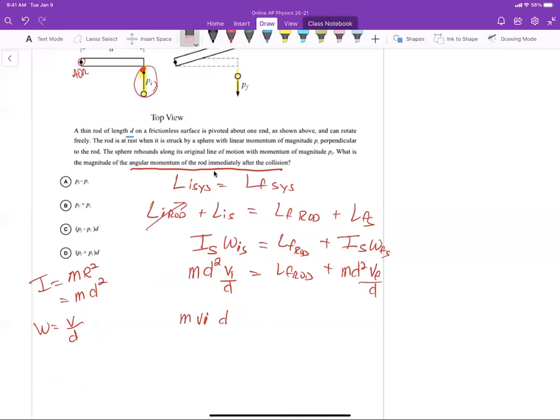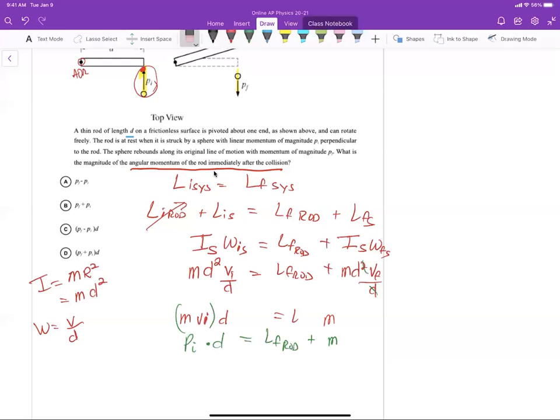Now, what is this? This is the initial linear momentum times d, which must equal the final angular momentum of the rod, plus the same thing over here, m times v final times d.